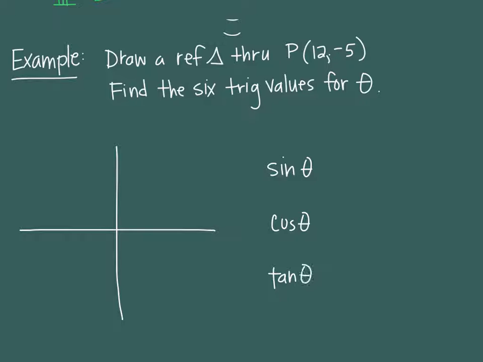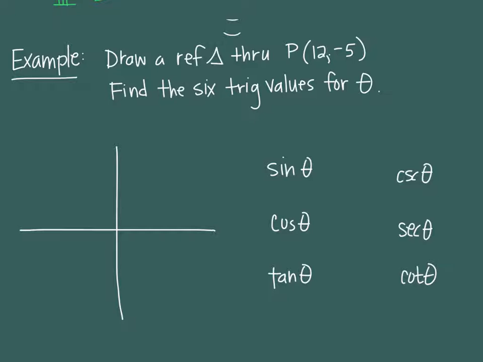And then across from each of those, I will do their counterpart. So cotangent theta, secant theta, and cosecant theta. So I just like to kind of get set up, and then I'll attack the problem now that I'm all ready, sort of like a template.